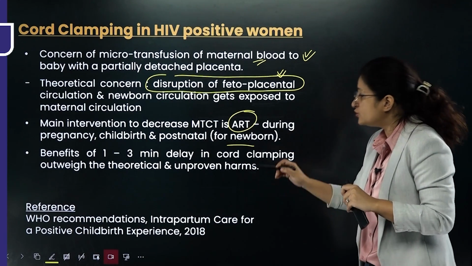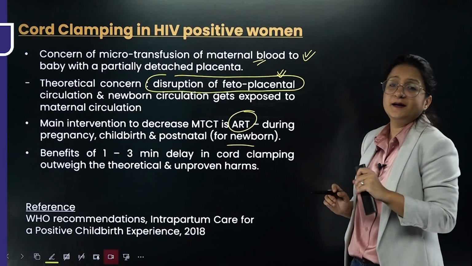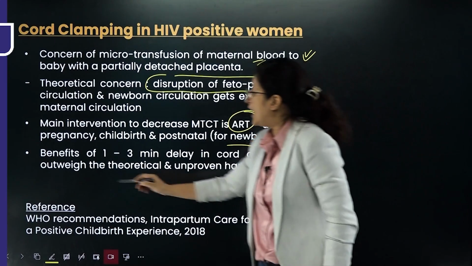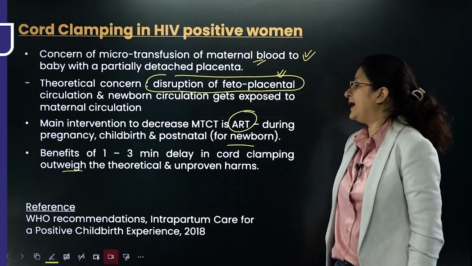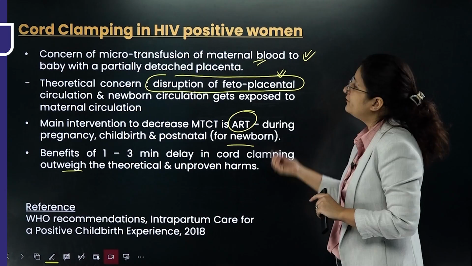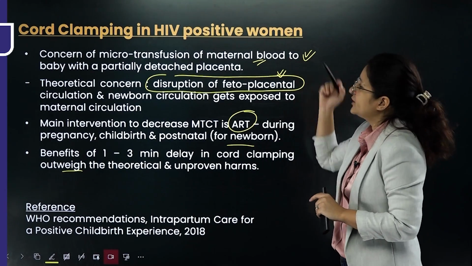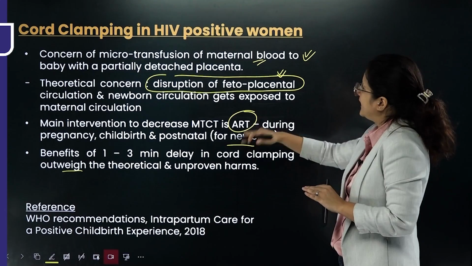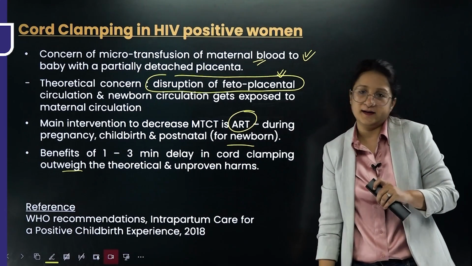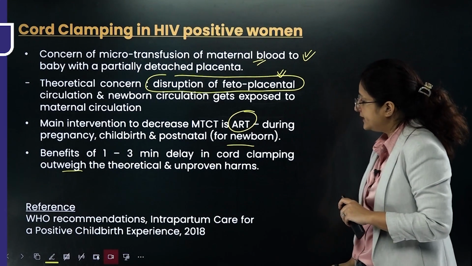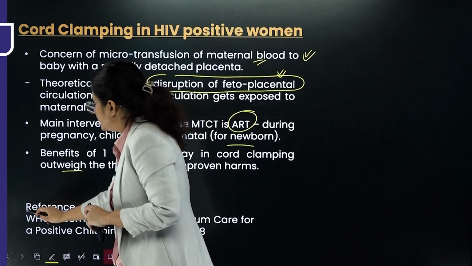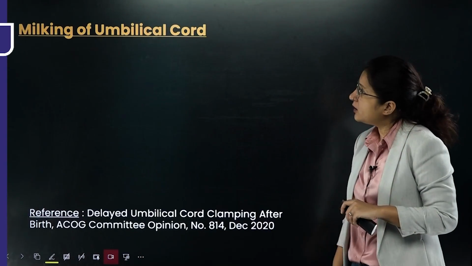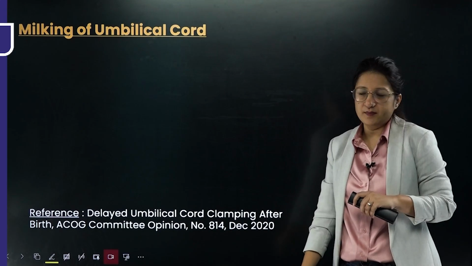So the benefits gained from a 1 to 3 minute delay in cord clamping actually outweigh the theoretical and unproven harms of delayed cord clamping in HIV positive women. So much of the evidence again goes in favor of delayed cord clamping in HIV positive women, as per the WHO recommendations.